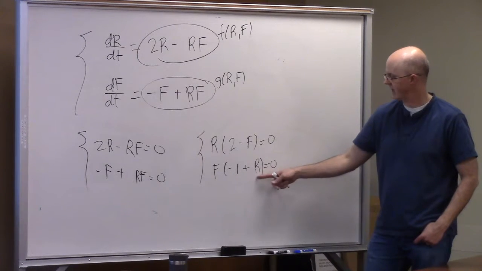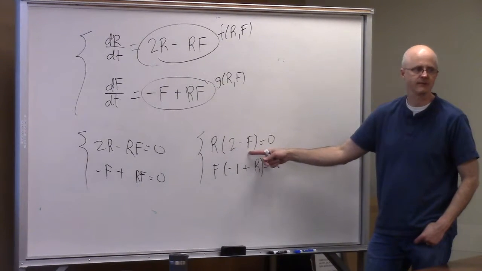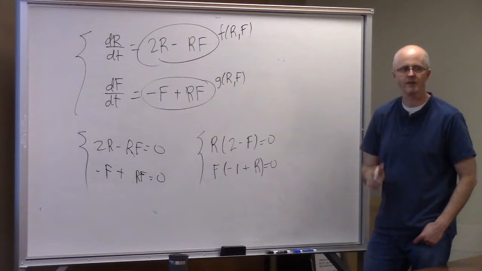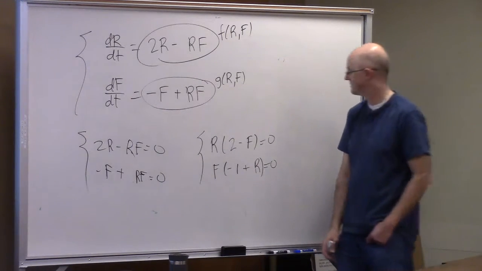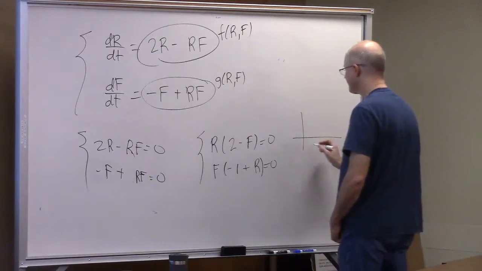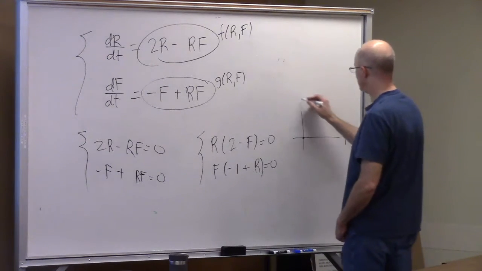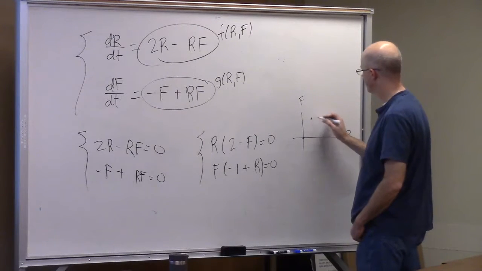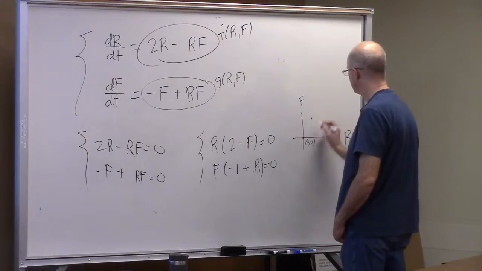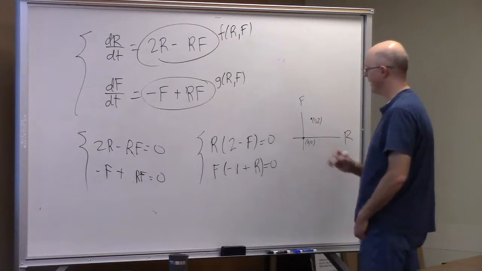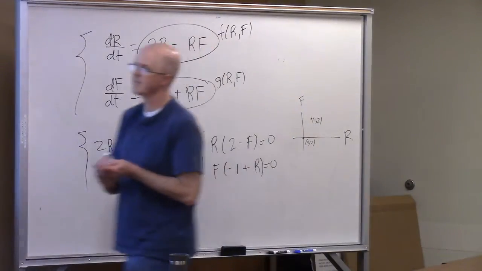And vice versa, if R is 1, the only way the first equation can be 0 is if F is 2. There are only 2 equilibrium points, so that logic is easy to get confused by. 0, 0, and R equals 1, F equals 2 are the 2 equilibrium points.